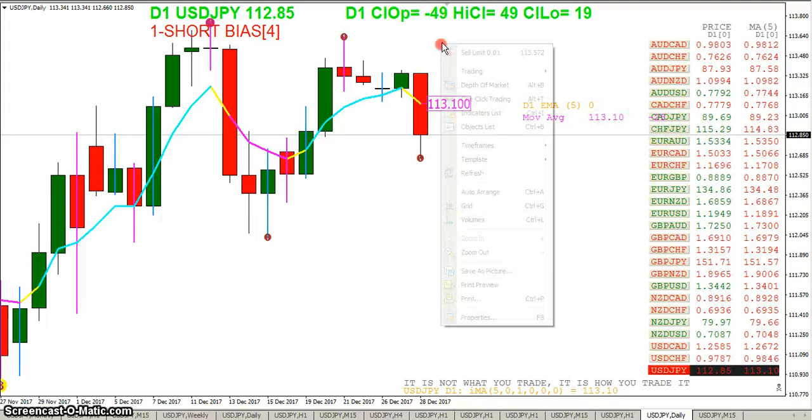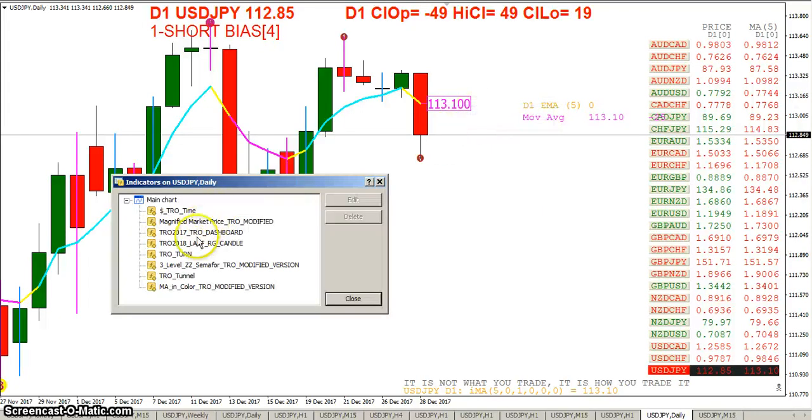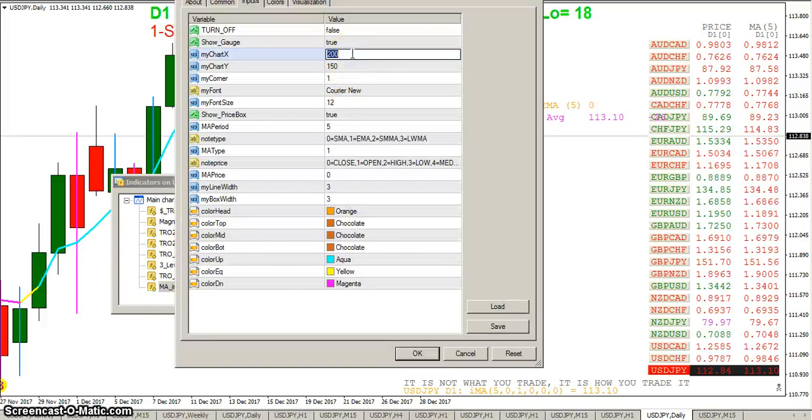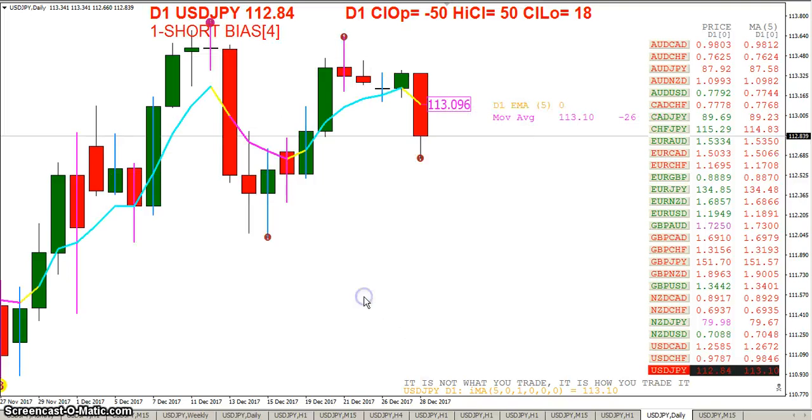So you can see here I actually need a little bit more room for this gauge. Bring it over here. And you can see this shows you the value of the moving average and how many pips close is above or below it. So right now the closing price is 24 pips below the moving average.